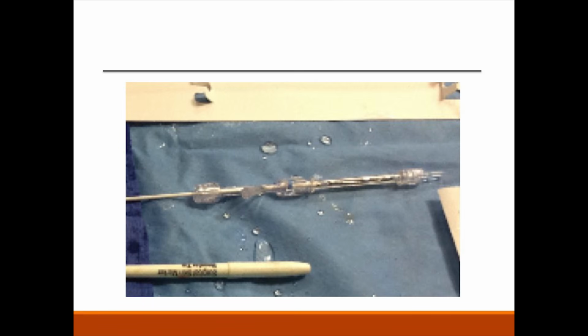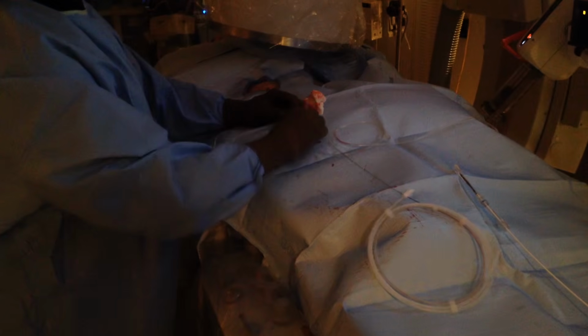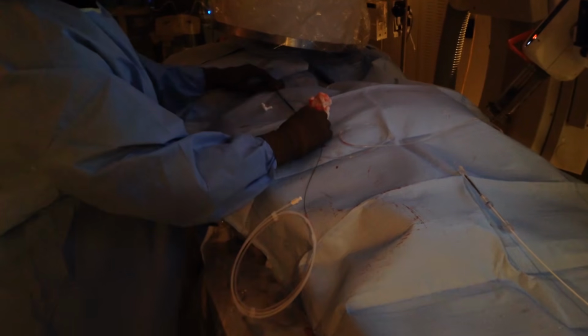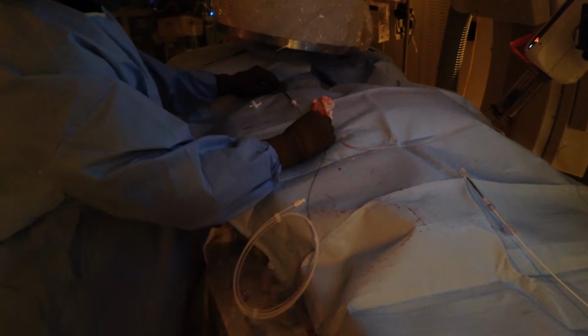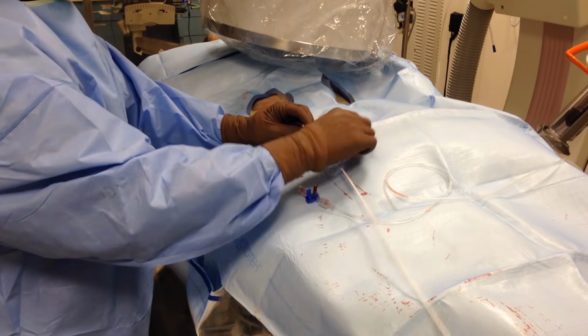Here, you can see the filter being compressed by the clear outer sheath. A wire is placed in the catheter to allow for exchange for the filter device.